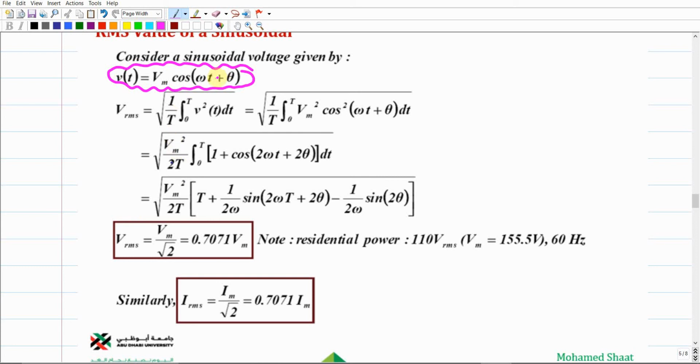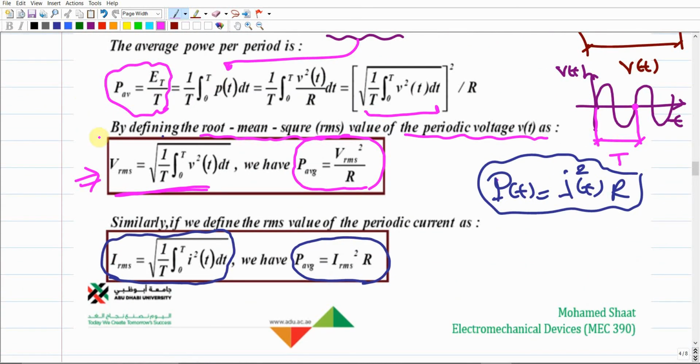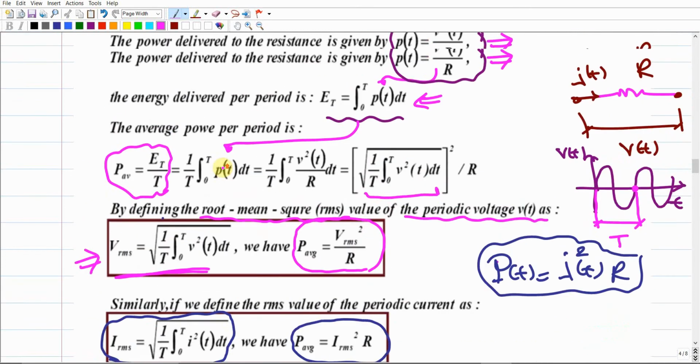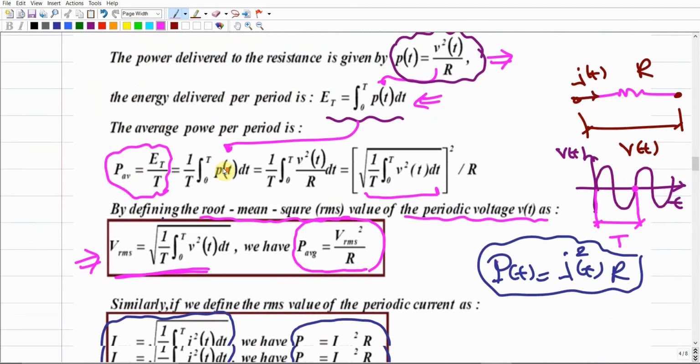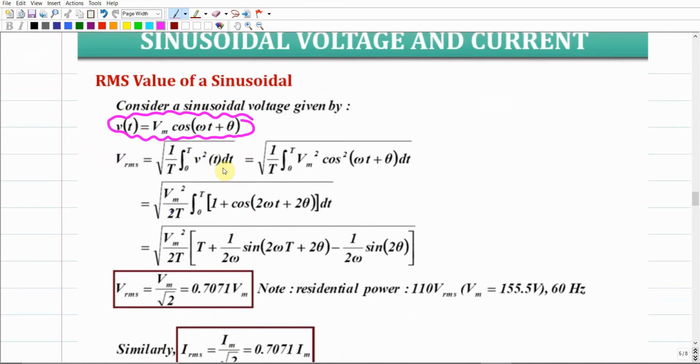If we plug this into the expression we defined here, the root mean square for the voltage is 1 over T, where T is the periodic time, times the integration from 0 to T, one cycle, of v squared dt. So we plug v into this integration form and substitute into this expression for V_rms.